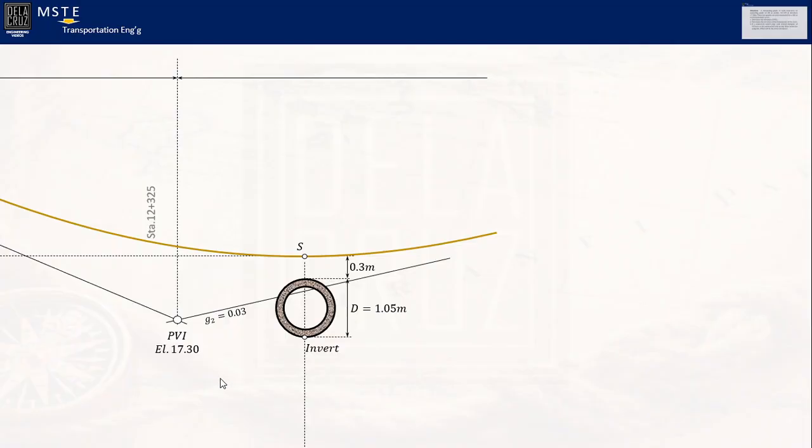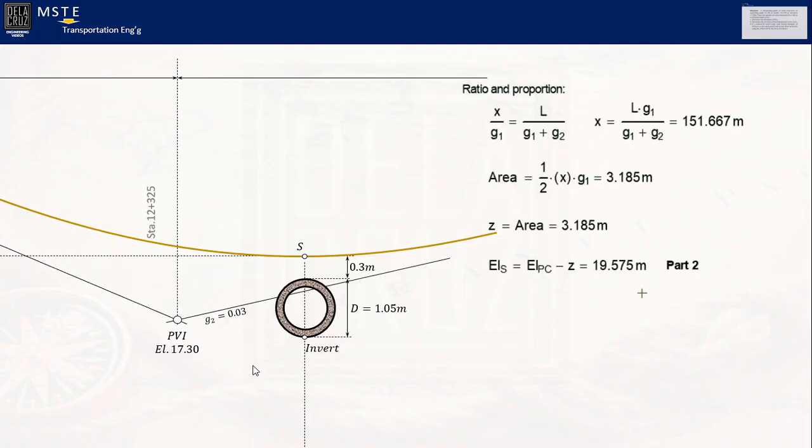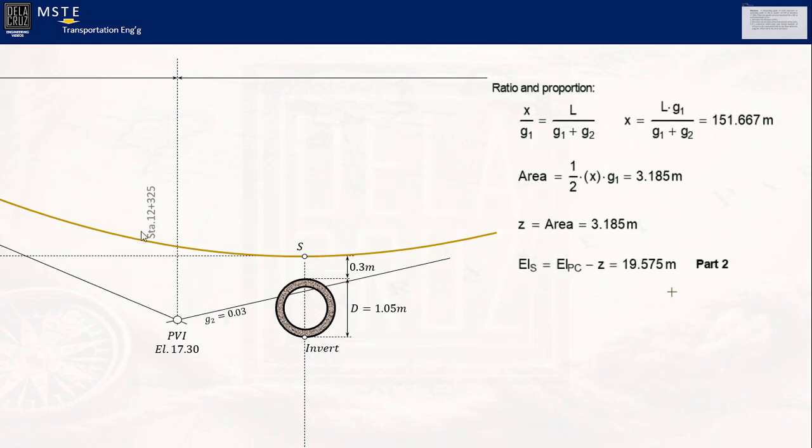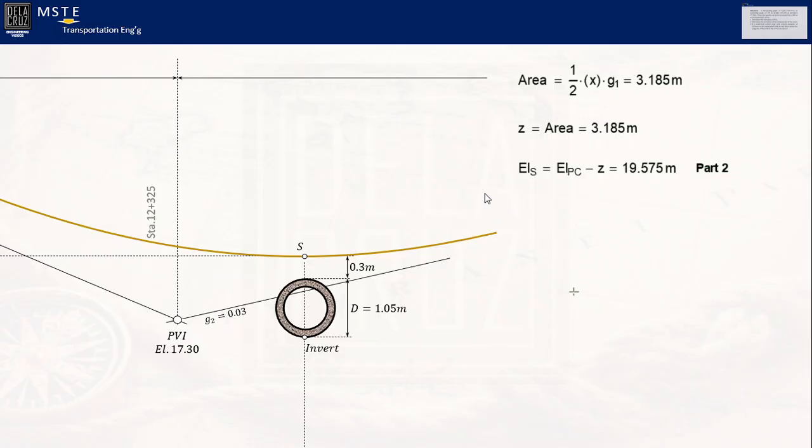Okay. Now, ibalik natin yung math card. Let's move this konti lang, para di matabunan. Alright. So, again, the elevation of the invert, invert na lang, complete na lang natin.